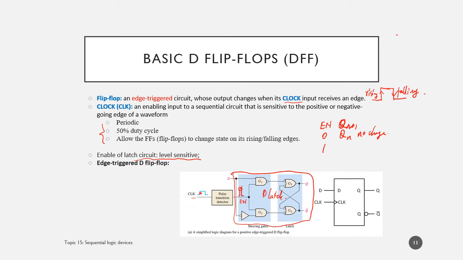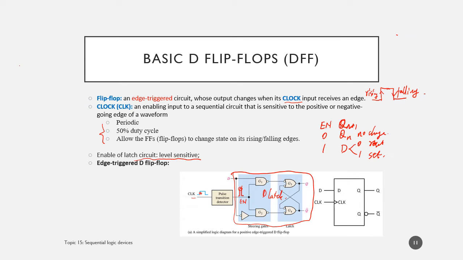However, if enable equals 1, then Qn plus 1 will follow the value of D. If D equals 0, that's reset. If D equals 1, that's set. But now we have this edge or transition detector circuit here, and it will detect the rising edge of this clock signal, and then you can change the output.